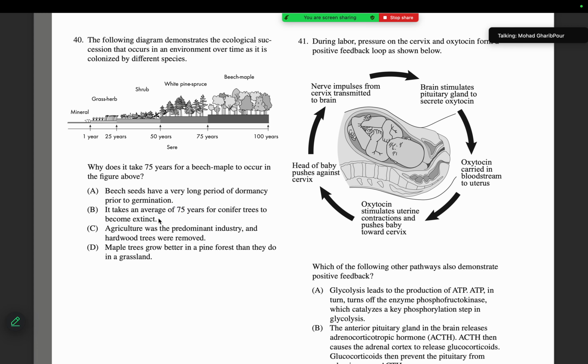This is kind of describing the opposite of what this diagram is saying. Agriculture was the predominant industry and hardwood trees were removed. Again, this is something you wouldn't really have the information to say, but you do see a nice trend over here.